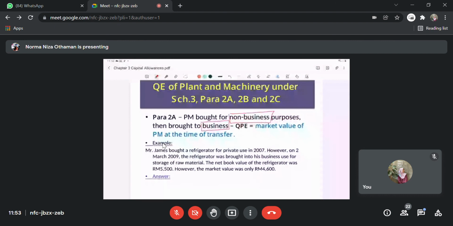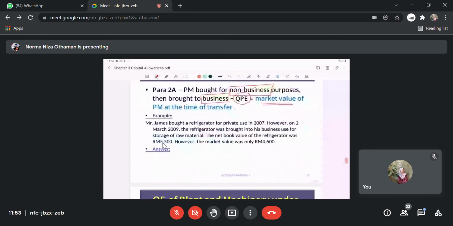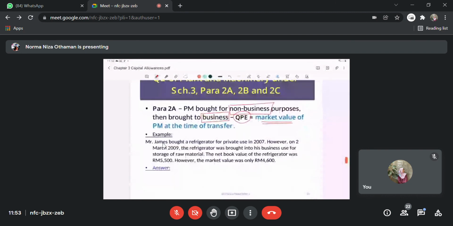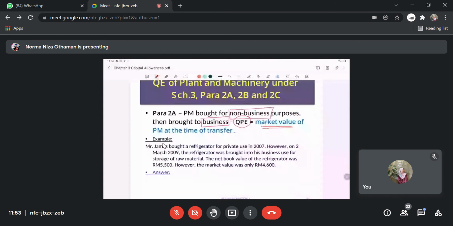For paragraph 2A, the QPE is the market value. We take the QPE at market value for the paragraph 2A condition. So in this example, James bought a refrigerator for private use. However, on 2 March 2009, the refrigerator was brought into his business use for storage of raw materials.